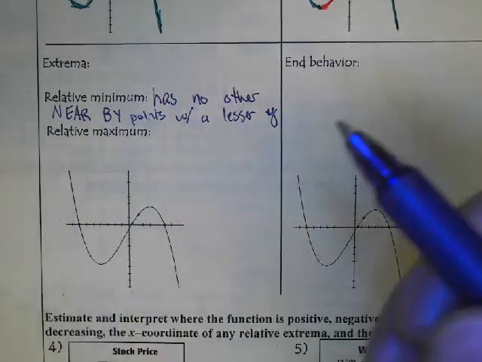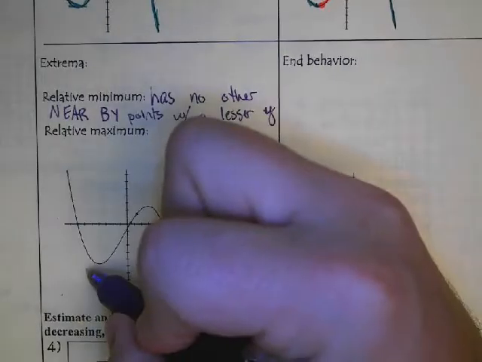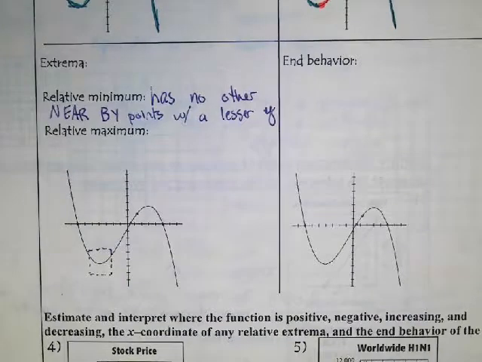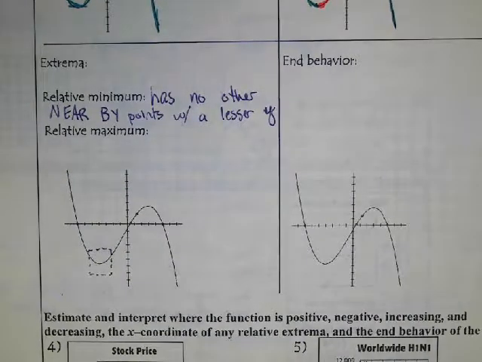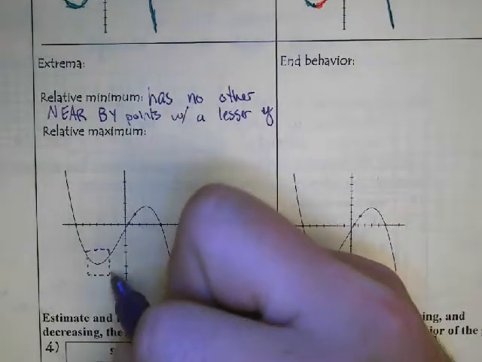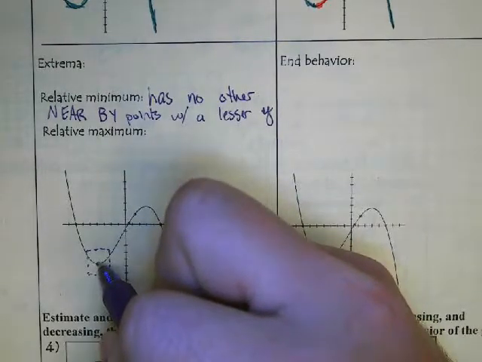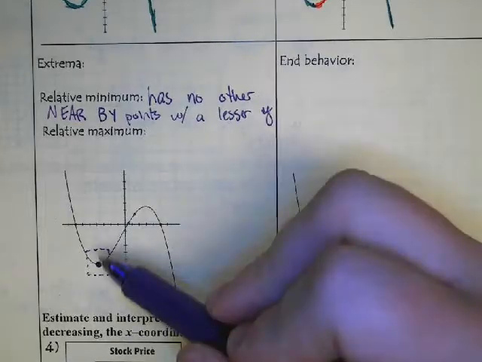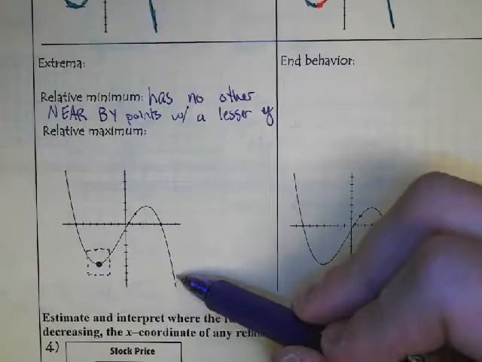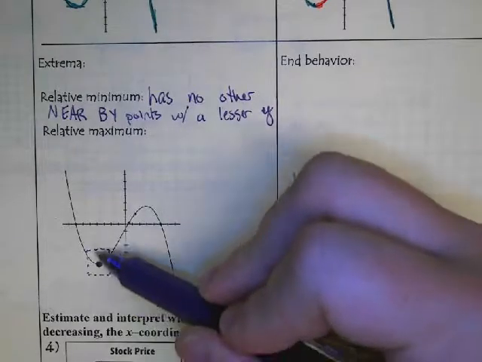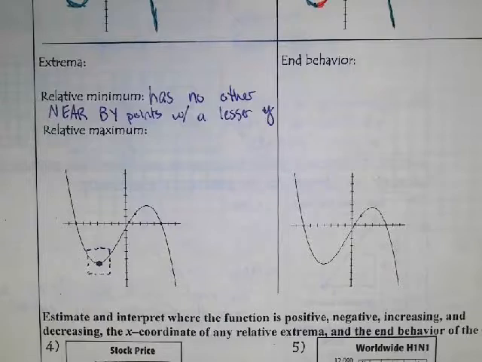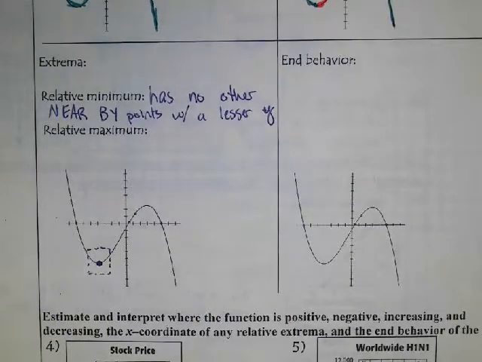Say when I'm looking at this point, if I just look in this box right here, are there any points nearby this where the only point that's the lowest y value? It's right here. If I look way over here, I'll see that there's lower y values, but they're not nearby. So you kind of zoom in, put your focus into one small area, and that's what you're looking for. And the same idea for relative maximum.